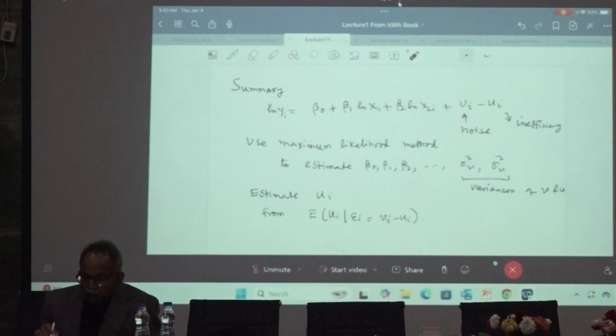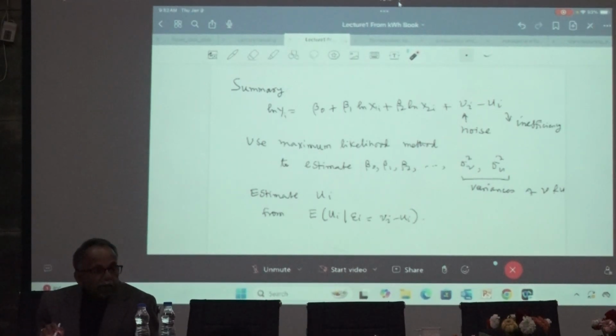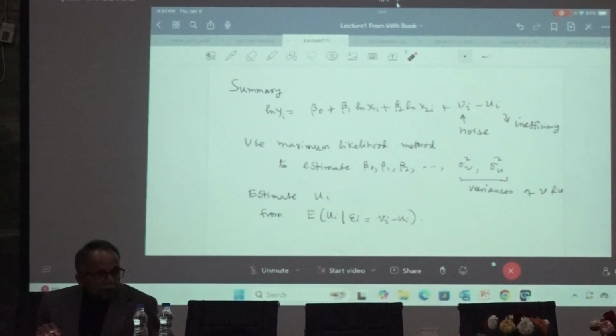Now one side point is that sometimes people ask, what happens if everybody is fully efficient? That means U_i is 0, so then you drop this term. But that does not mean there is no use of this model. Then you get the standard neoclassical model, the type of model that you learn in your textbook, because the textbook does not talk about inefficiency.